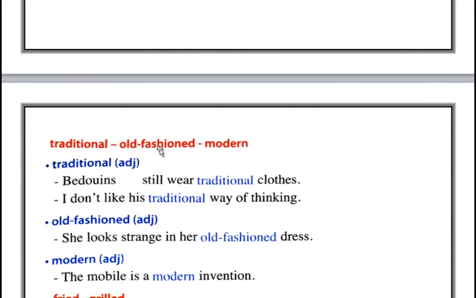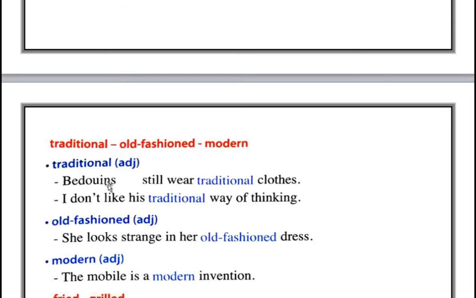Traditional, old-fashioned, and modern. Traditional and old-fashioned have the same meaning, but modern has the opposite meaning. As for traditional, I mean old ways of doing something that do not change. Bedouins, the people who live in the desert, still wear traditional clothes, old-fashioned or ancient clothes.